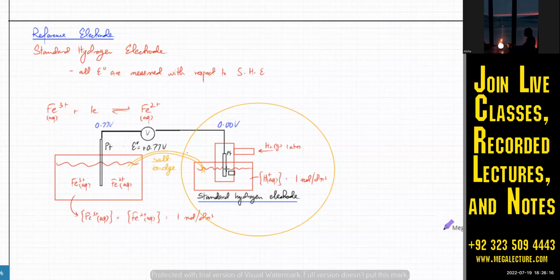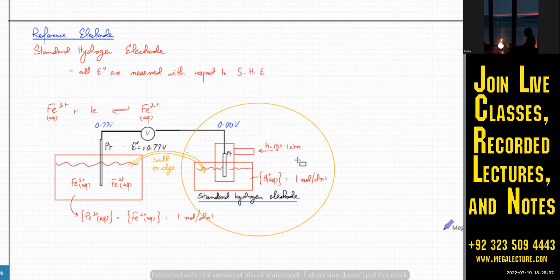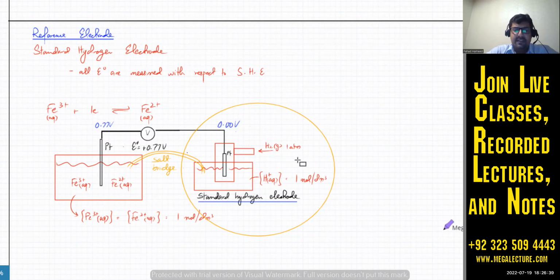But remember, in reality, you can connect any 2 electrodes together. There's nothing wrong with that. If you're measuring the standard potential, then the potential of the electrode has to be measured with respect to the standard hydrogen electrode. Or if you're not measuring, you can connect any 2 electrodes together. We'll talk in detail about that.